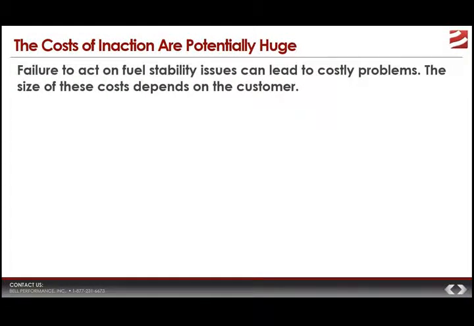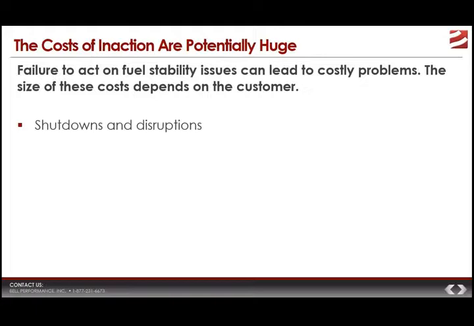Now, failure to act on fuel stability problems can be a costly thing. How much it costs depends on who we're talking about. It's going to cost the hospital a lot more than it's going to cost the fleet, which is going to cost a lot more than a farmer, but it's still going to be costly to all three of those.